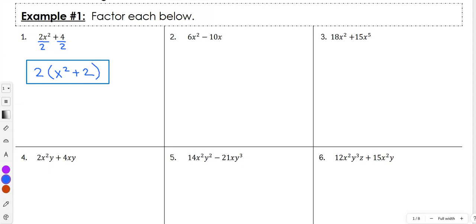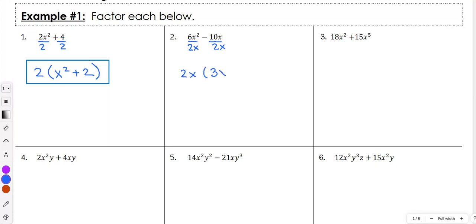For number 2, I start off, is it in standard form? It is. And I start doing, what can I, if anything, divide 6x squared and 10x by? Well, we can divide both of these by 2 and also x. So we're taking out a GCF of 2x.